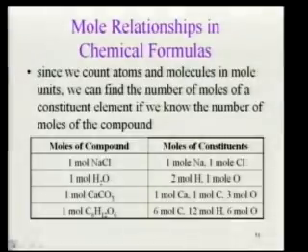If I had the same question in reference to chlorine, how many chlorine atoms would you see in 1 mole of sodium chloride? 1. So I could say this as 1 mole of sodium is equivalent to 1 mole of sodium chloride. I could say that 1 mole of chlorine is equivalent to 1 mole of sodium chloride. You see what I'm saying? See where I get these from?